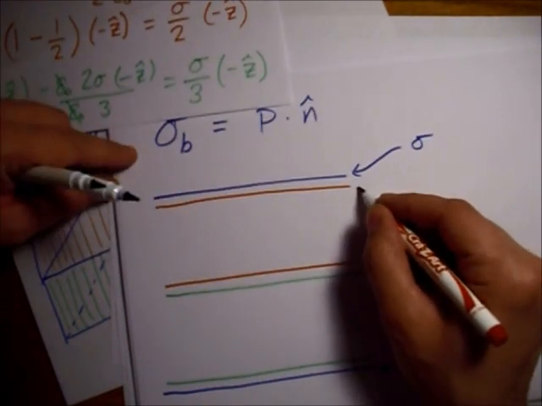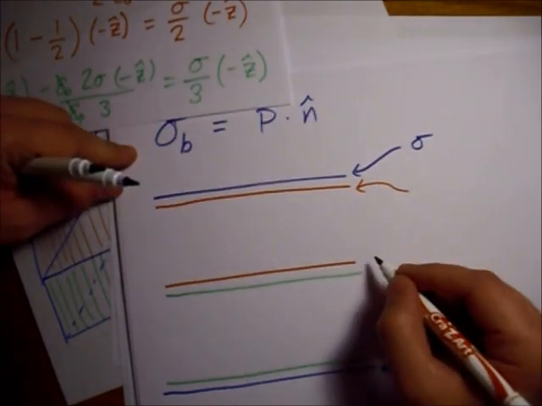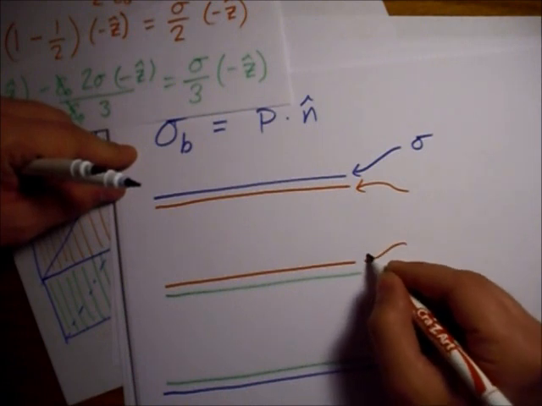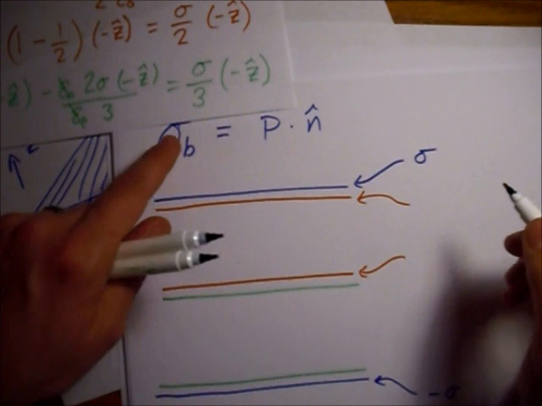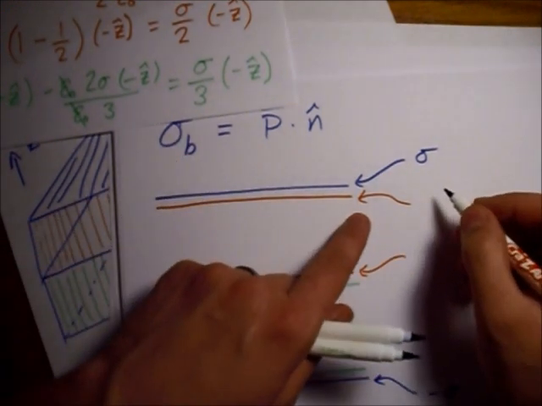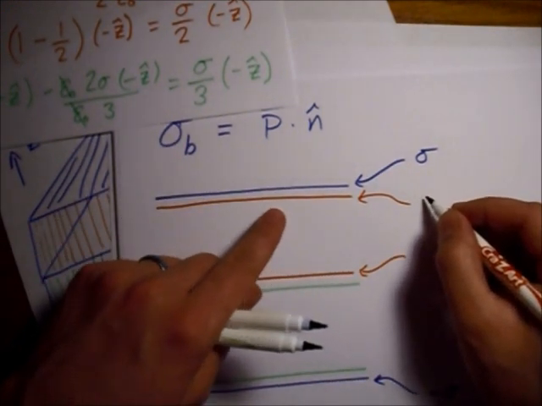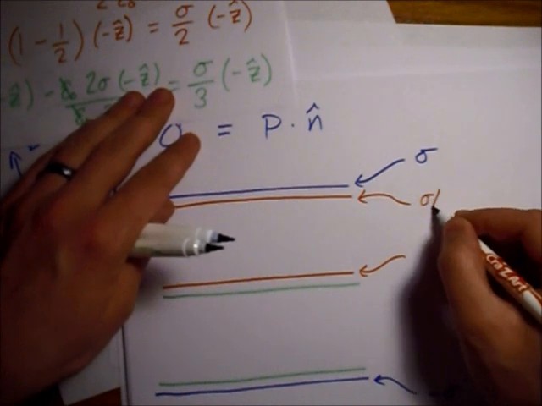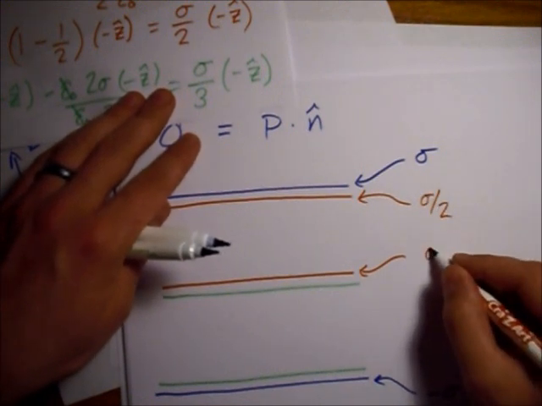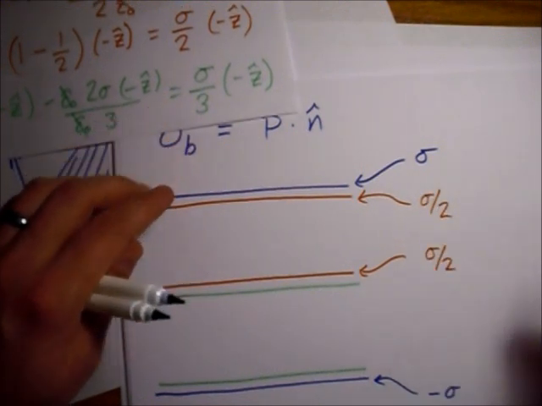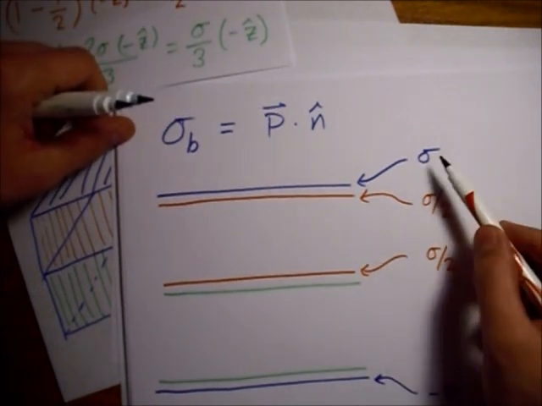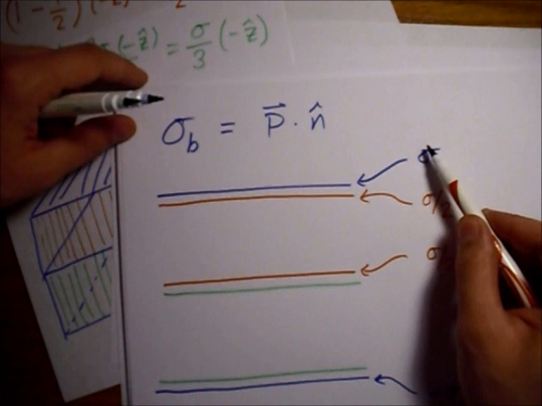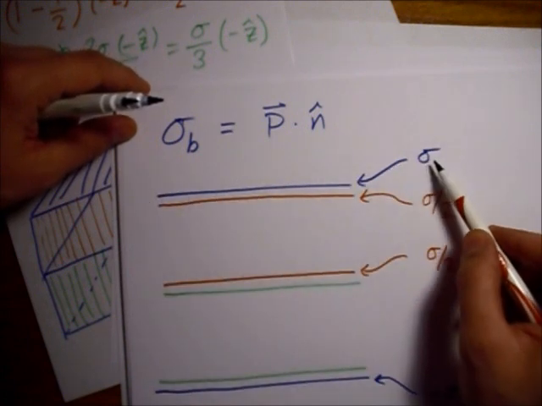So that tells us that the magnitude of the bound charge density for the red slab is sigma over 2. And one of them is going to be negative. We know which one because we know that the top free surface charge density is positive.